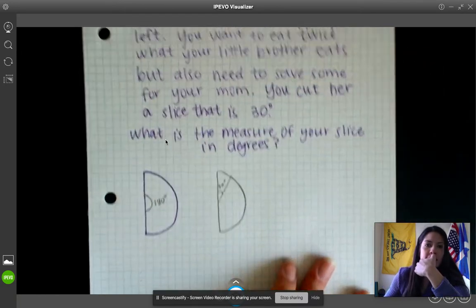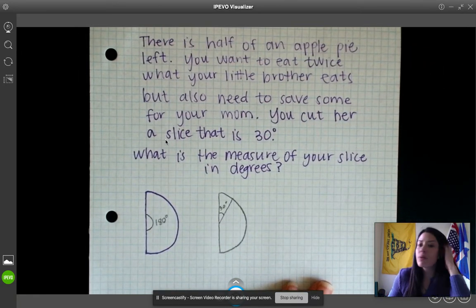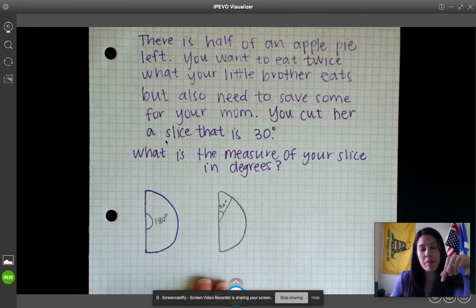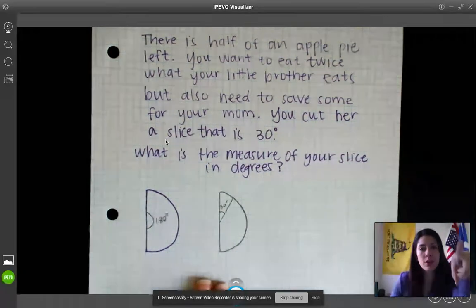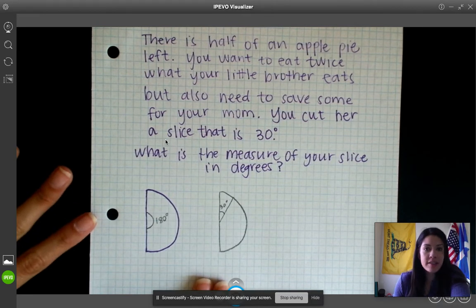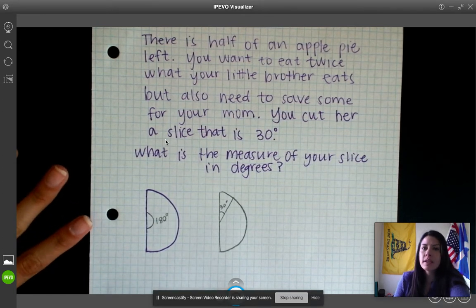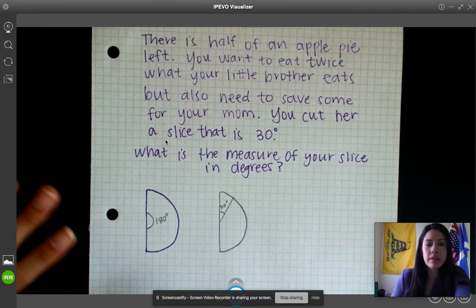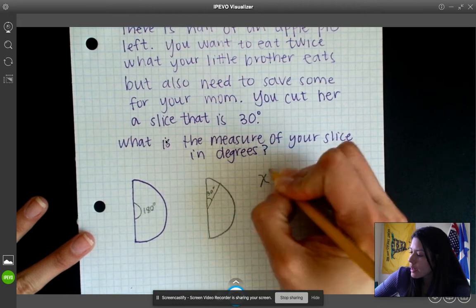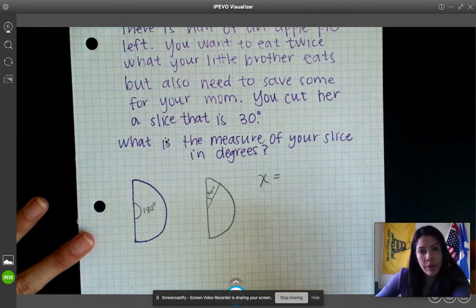Now, the rest of this apple pie is going to be for your mom, you, and your little brother. It says that you want to eat twice as much as what your little brother eats. So we're going to let x equal the amount that your brother eats.